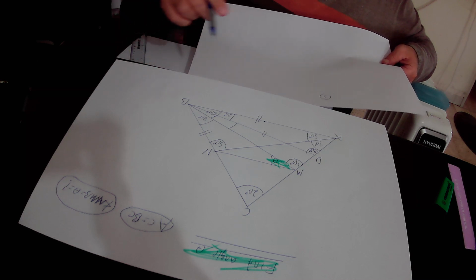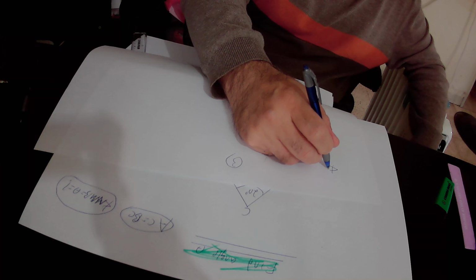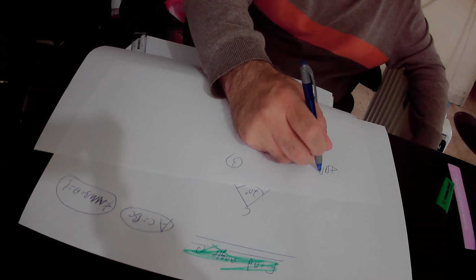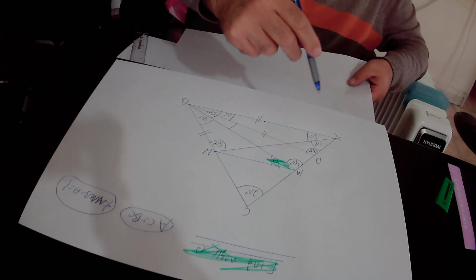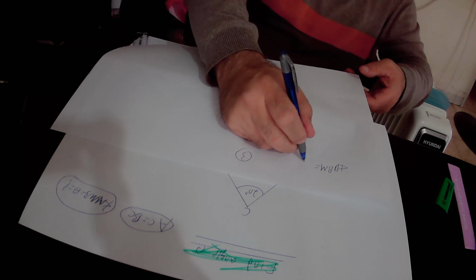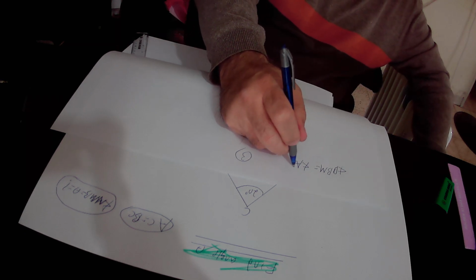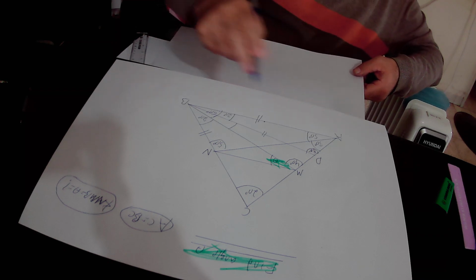The missing angle, DBM, equals the big angle that is actually angle ABM minus the small angle that is actually angle ABD.